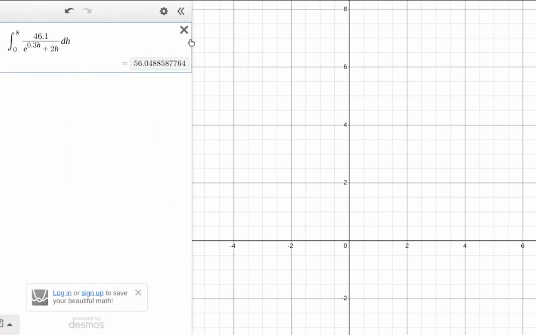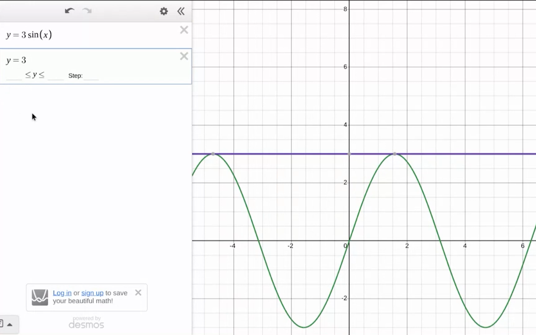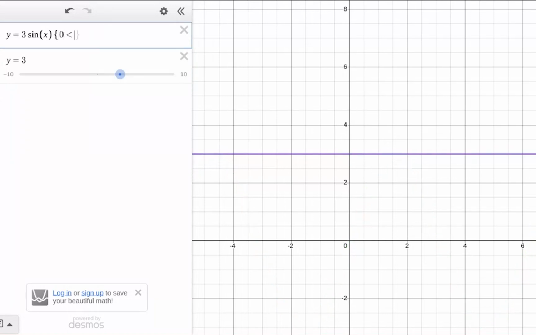We've got y equals 3 sine x, which is really the only one we care a lot about, and then y equals 3. And where is this point of intersection? It's going to be at pi over 2. So just to make this a little easier to look at, I'm going to cut this off between 0 and pi over 2.